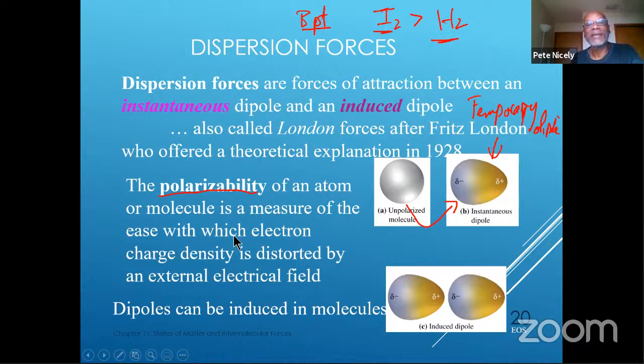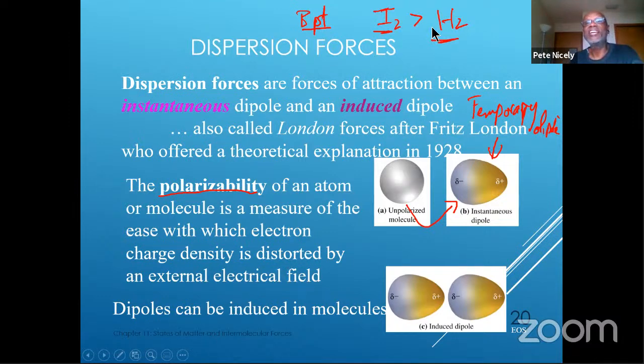I mentioned in this page here that the strength of this force is dependent on the polarizability of the atom or molecule, which is talking about the ease with which the electrons in a nonpolar molecule will shift in one direction or the other as a result of the presence of another dipole close to it.